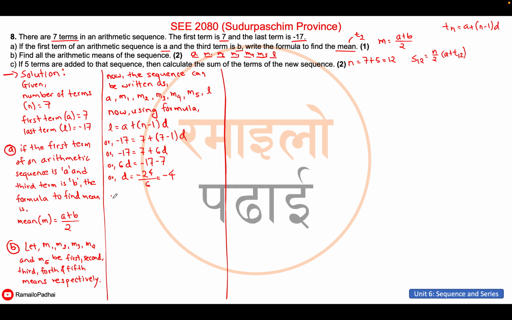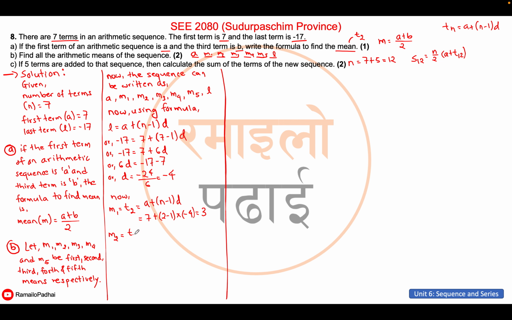Okay, now m1, which is also the second term, is equals to A plus n minus 1 D. A is 7 plus n is 2, so 2 minus 1, and D is minus 4, and we will get 3.